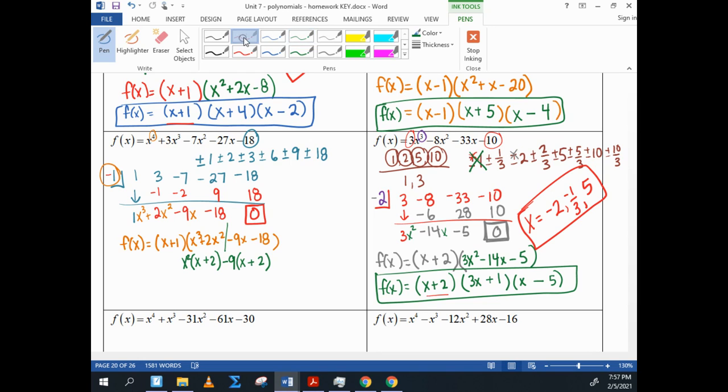Now, notice we did this on purpose. We want these binomials right here to be the exact same thing. That way we can actually write it as 2 binomials. One of them is just this x plus 2. So one of them is the binomial that they share, and then you're going to put the greatest common factors from both of them out front.